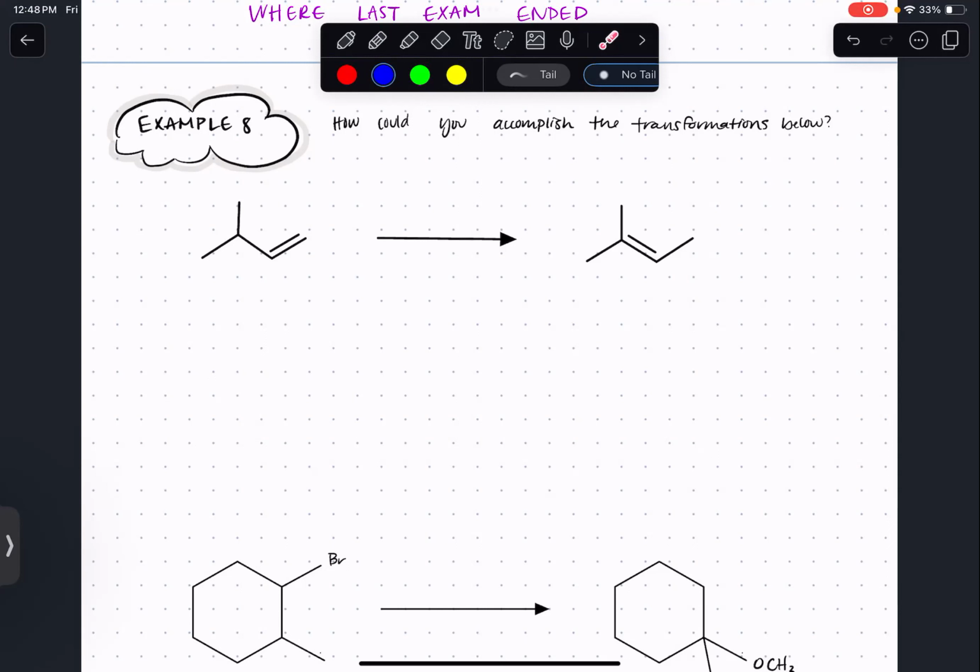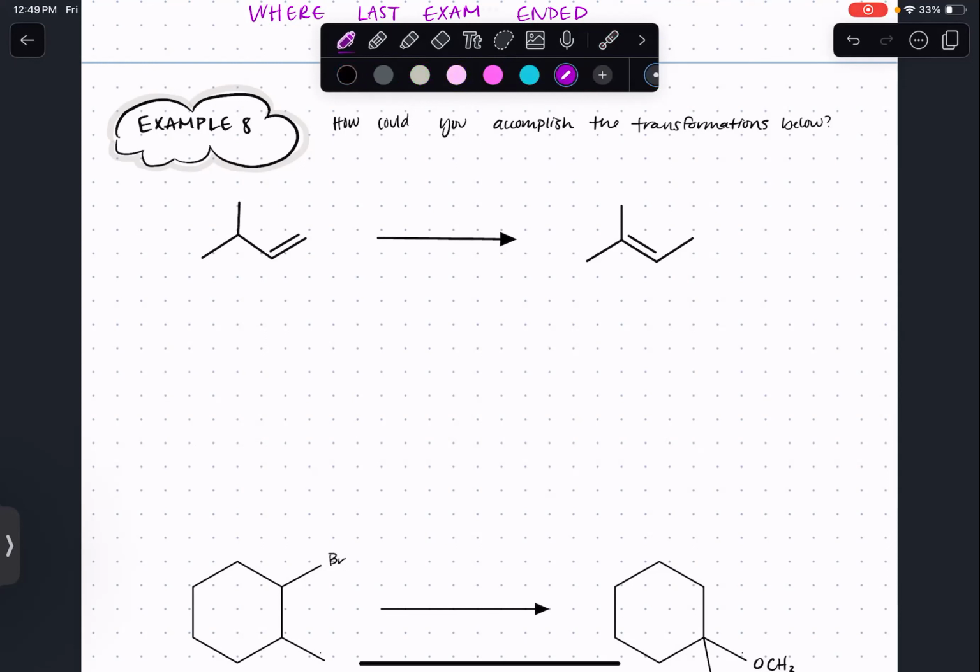But then I also like to think, is there a way for me to get from my starting material to something that will then give me my product? So I'm kind of thinking about it 2 different ways simultaneously to try and puzzle piece this stuff together.